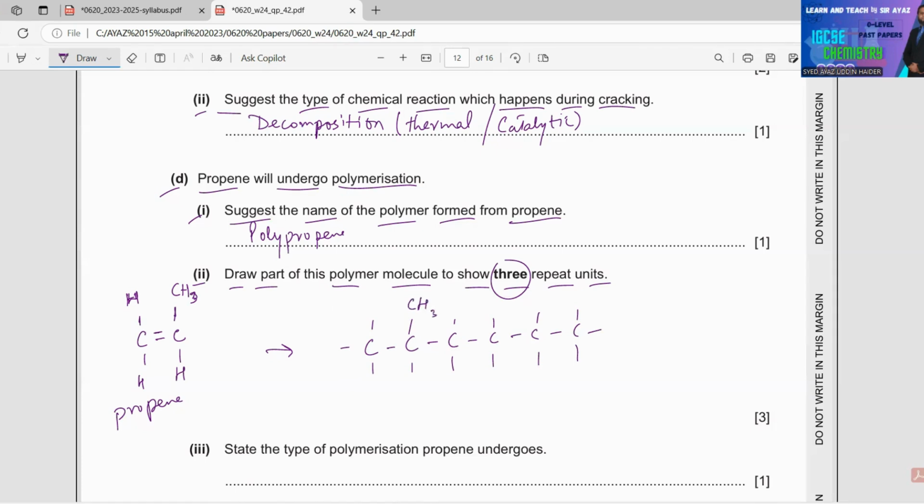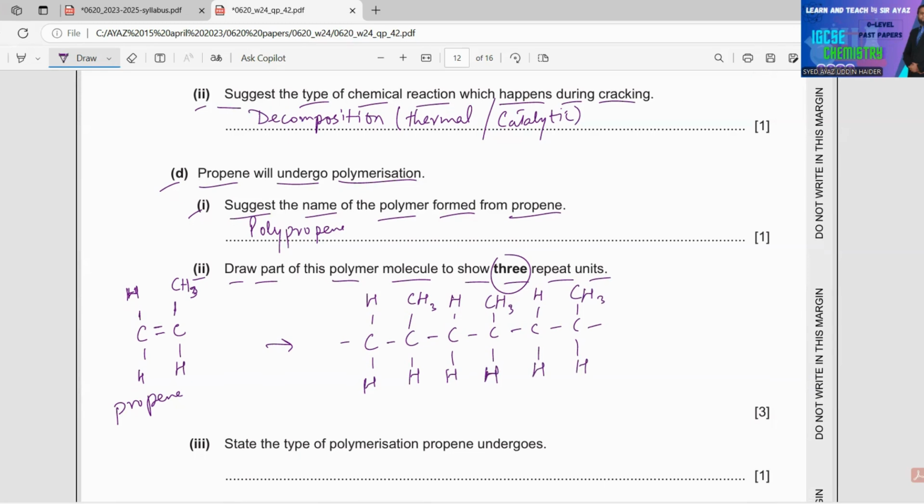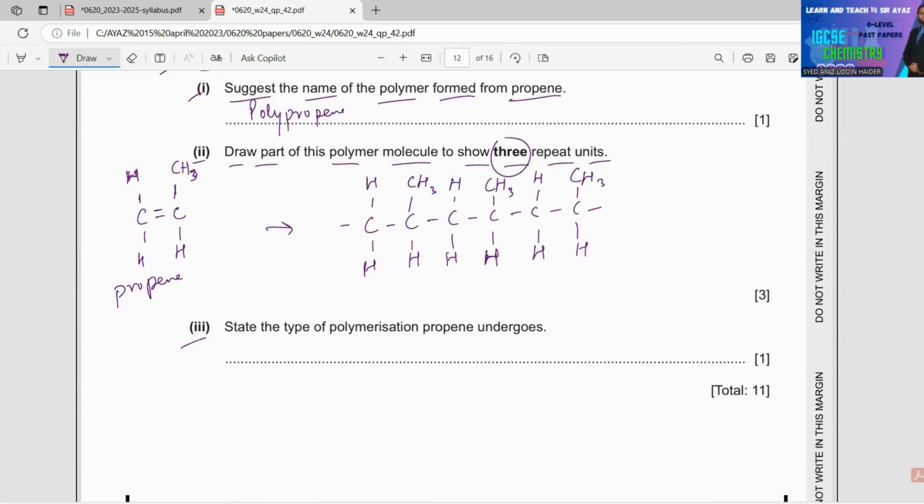CH3, H, H, H, H, H. We are again having CH3 here, last one, CH3. This will be the 3 repeat units for the polypropene polymer. Number 3, state the type of polymerization propene undergoes. It's addition, simply addition. They're adding of monomers. So I will write addition.